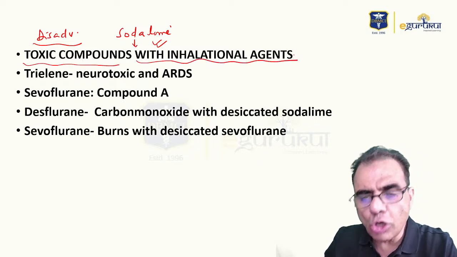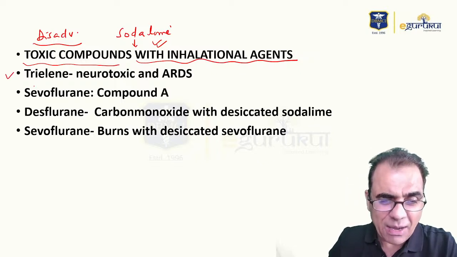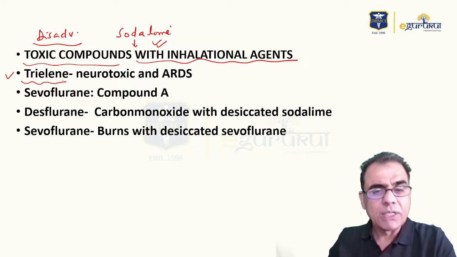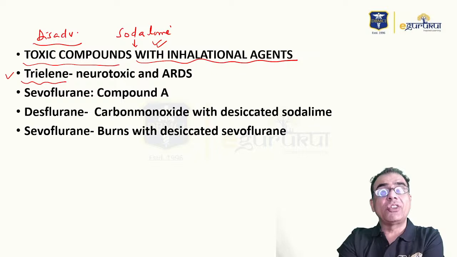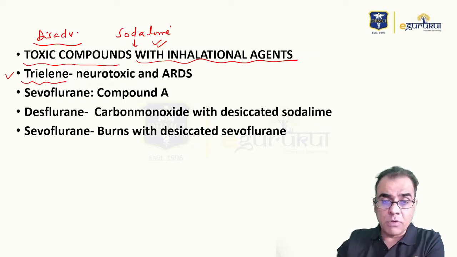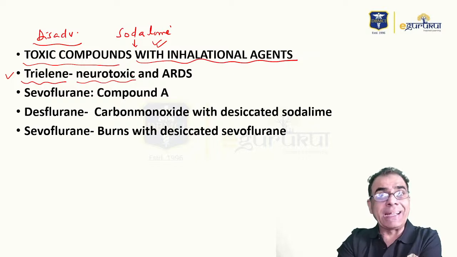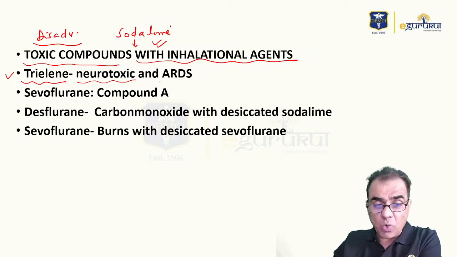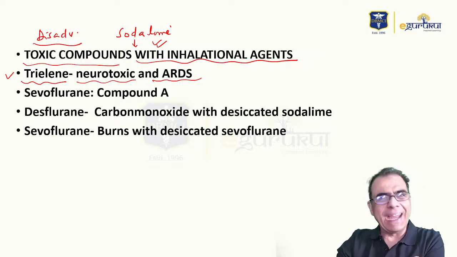The most classical example was trilene. Trilene used to produce very toxic compounds with soda lime, which were neurotoxic, could permanently damage cranial nerves, and could cause ARDS. But that is a matter of the past, because now trilene has been obsolete for decades and decades.